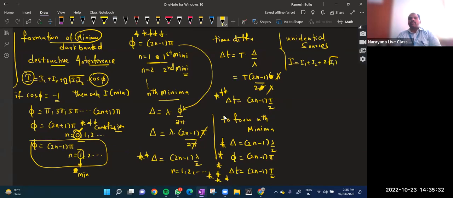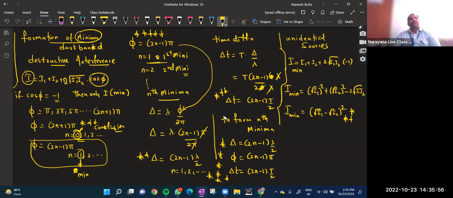So the intensity gets a minimum. So minimum intensity is nothing but root I1 whole square plus root I2 whole square minus 2 under root of I1 I2. Correct or not? So the minimum intensity is nothing but (root of I1 minus root of I2) whole square. This is called what here? Minimum intensity. Yes or no?